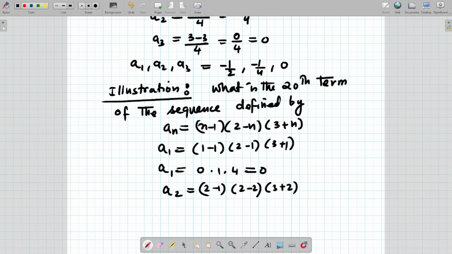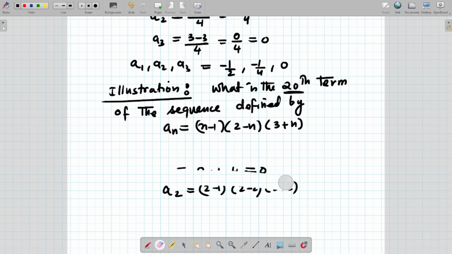Sir, but we need to find out the 20th term. 20th. n की value 20 रखेंगे ना. Wait. Yes. What is the 20th term? Yes. So what we'll do? Let us just simply omit A1 because सीधे n की वैल्यू 20 रख दो यहाँ पे.